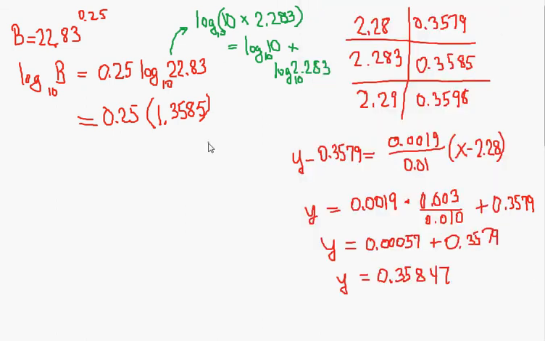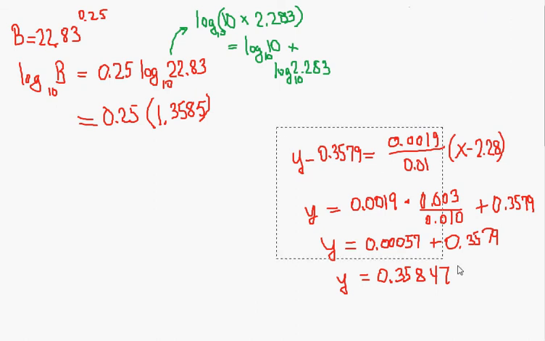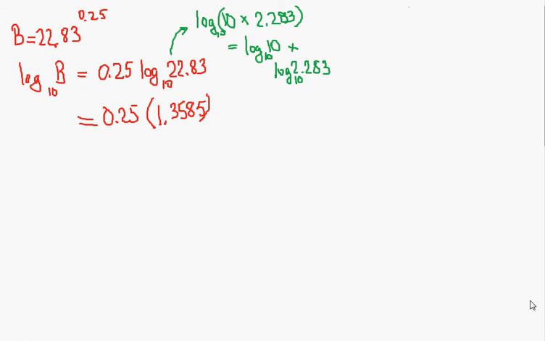Okay, so the next step is to figure out what 0.25 times 1.3585 is. Now, this could be done with logarithms, or you can just simply multiply it out. This one is not too bad to figure out. 1.3585. I'm multiplying by 0.25, which is the same thing as dividing by 4.